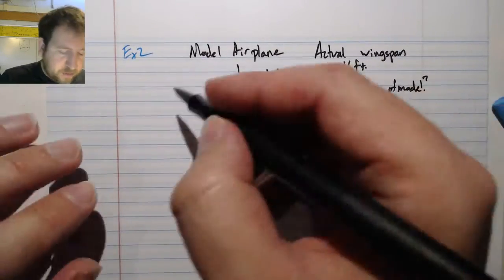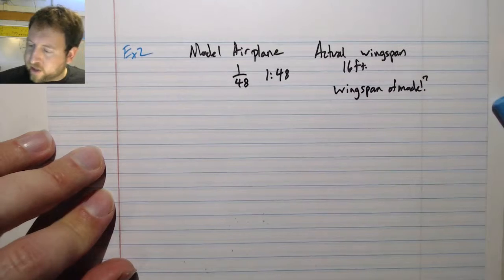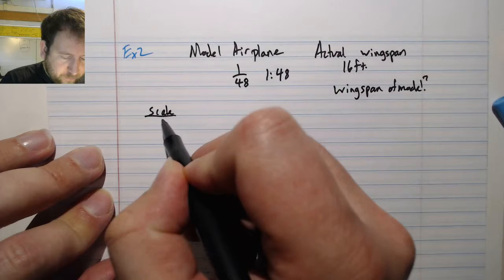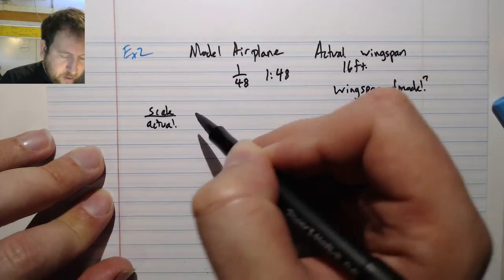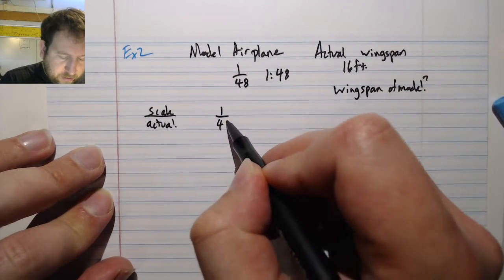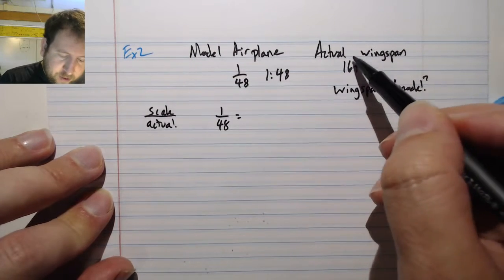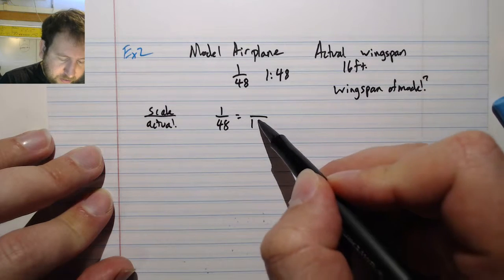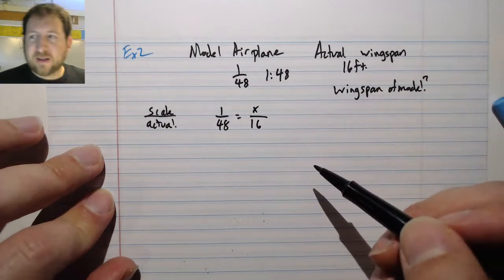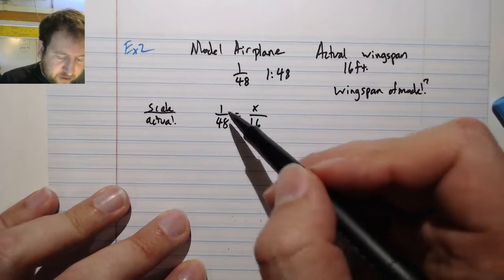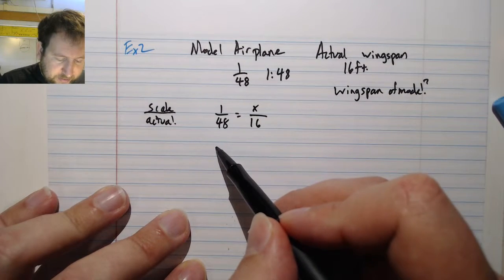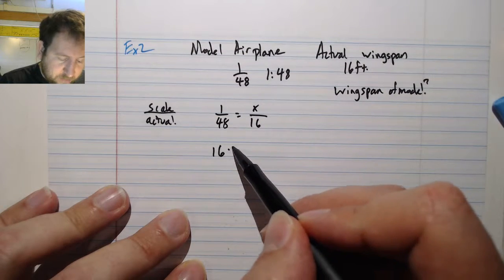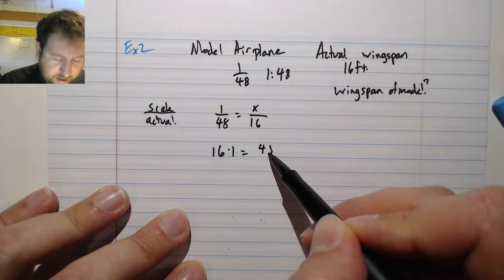All right, so let me check. I'm going to do scale to actual, which means I'm going to do 1 to 48 equals, let's see, I know my actual wingspan, so I'm going to put my actual underneath. And my question is, what is my scale going to be here? I'm going to cross multiply, which gives me 16 times 1 equals 48x.